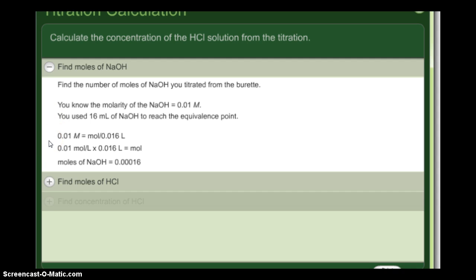So 0.01 molar, remember it's moles per liter, times 0.016 liters is going to give you 0.00016 moles of sodium hydroxide. That's how many moles you put in from the burette.